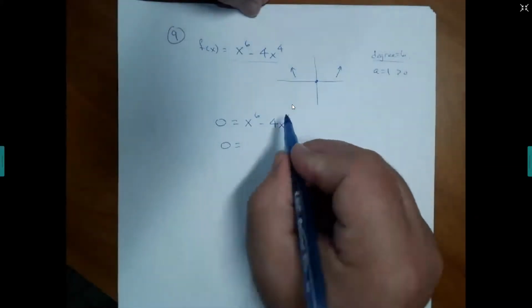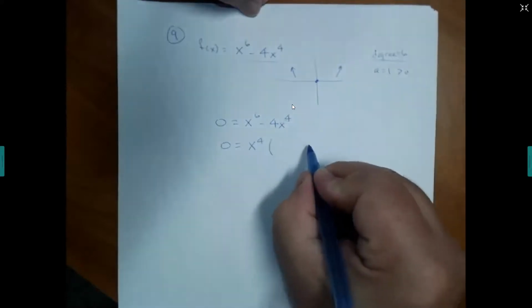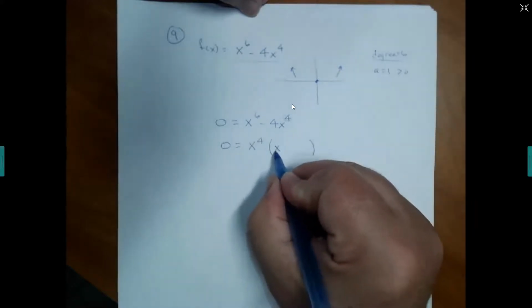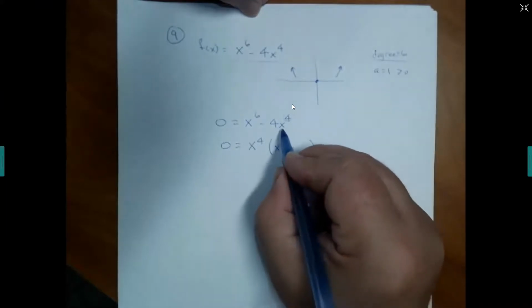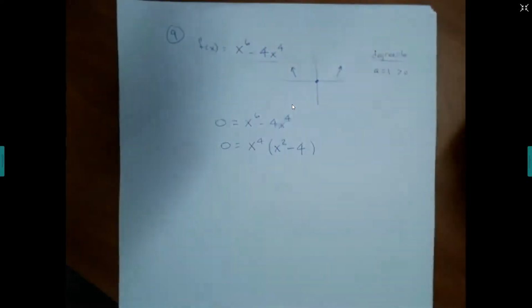They have x to the 4th, so I take out x to the 4th. If I take x to the 4th out of the first one, I have x squared left. If I take it out of the last one, all I have left is minus 4.